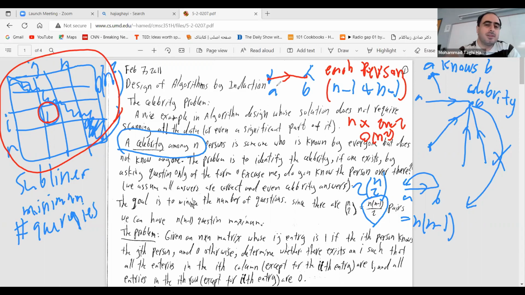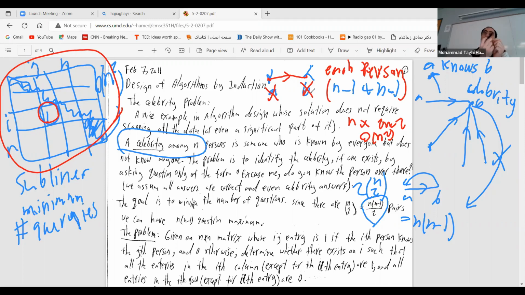A is not a celebrity. And if A does not know B, then what's the meaning of that? B is not a celebrity. So by just one question, I ask A whether you know B or not.